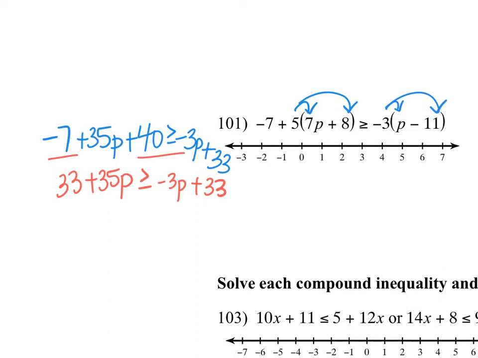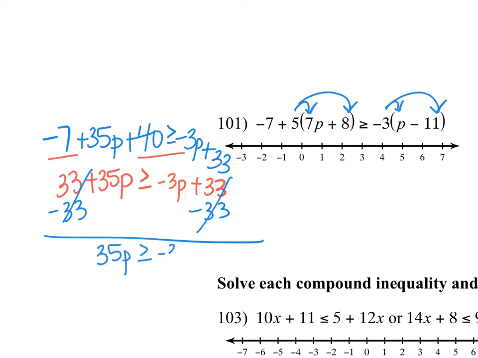So I am now going to subtract 33 from both sides. That cancels, so I get 35p is greater than or equal to -3p. I'm going to put all of my p's on one side.